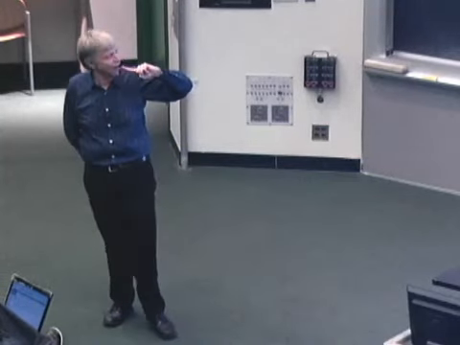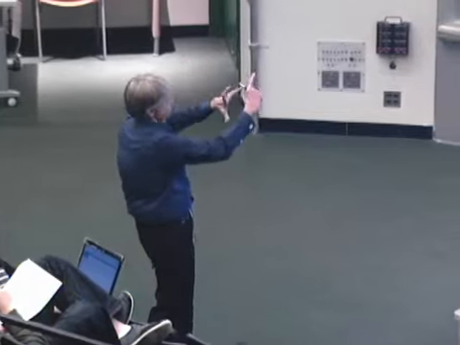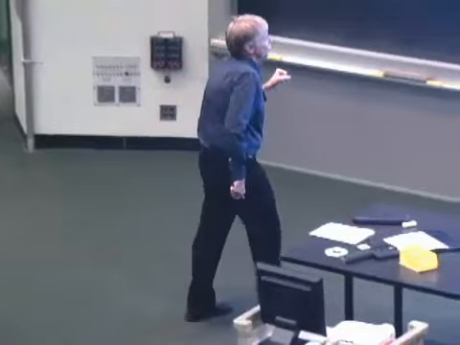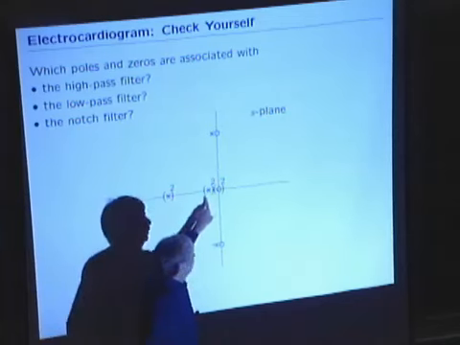Okay, so which of the poles and zeros contribute to the high pass? Right, you can point, like there's up and there's left and there's center. So which ones are high pass? The ones near zero. So the zero or the poles?